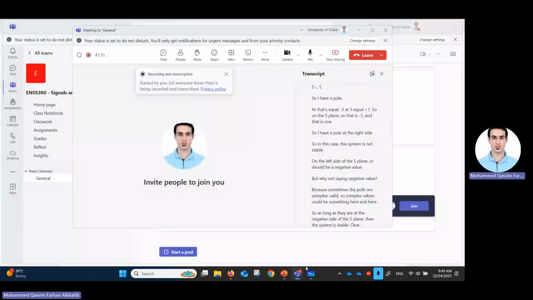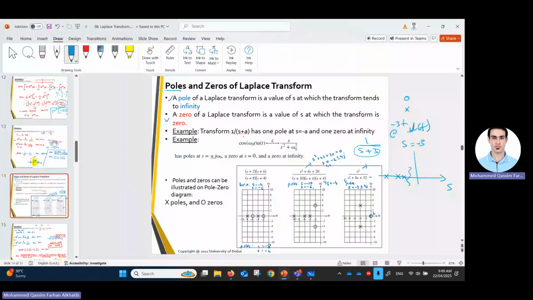Right, so we'll go back to the slides. The pole of a Laplace transform is the value of s at which the transform tends to infinity, and the zero is where the function tends to become 0. Poles and zeros can be illustrated in the pole-zero diagram, or basically you have to plot them.